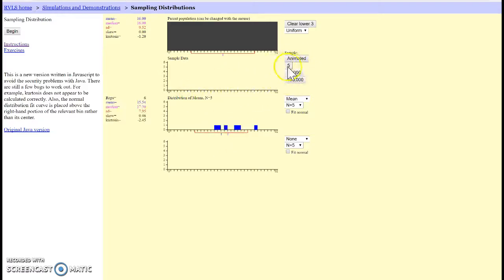I could do it 5 more times, and I get that. When I do it 10,000 times, what I end up getting is somewhat of a normal distribution. So I still get a normal distribution after doing this many, many times. The means are basically the same, and the standard deviation still seems much less than the original.